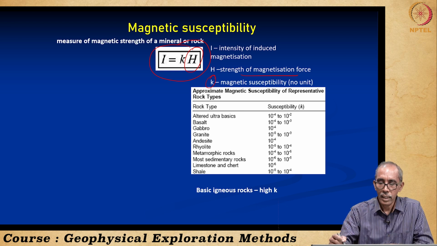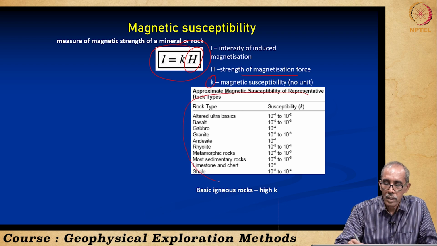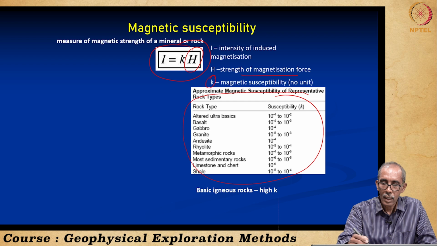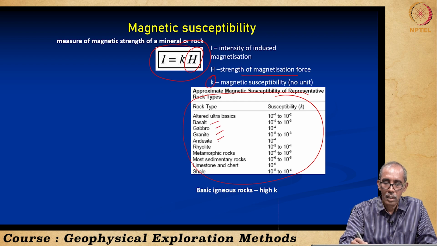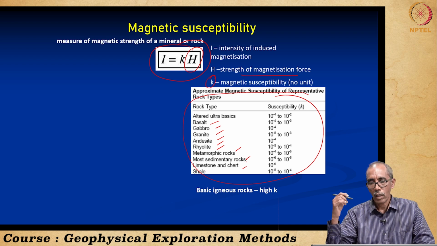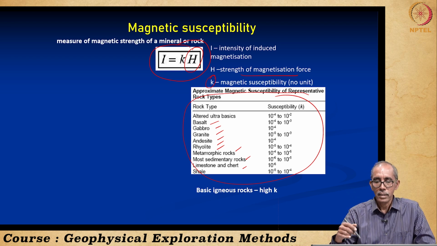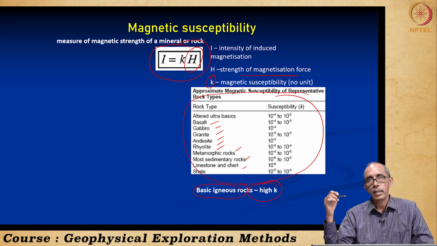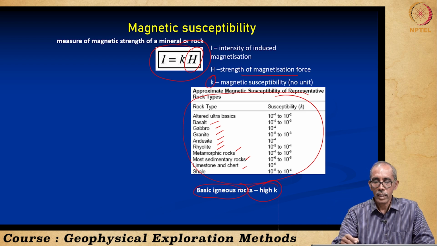As usual, we look into the susceptibility of different naturally occurring materials. Here is a table that shows the magnetic susceptibility of different rocks. As you can see, basic igneous rocks have a very high magnetic susceptibility, whereas other rocks, such as sedimentary rocks, have very low magnetic susceptibility.